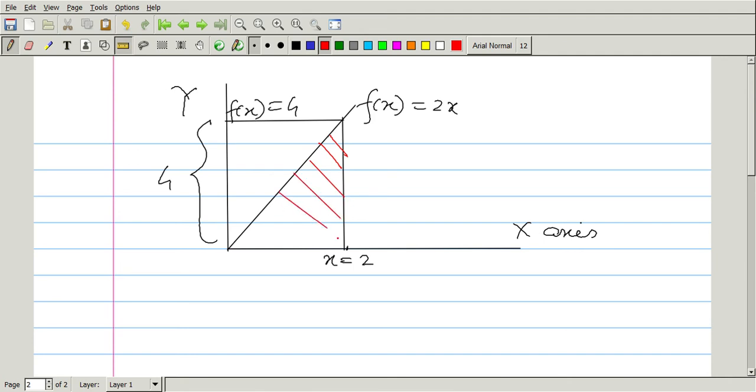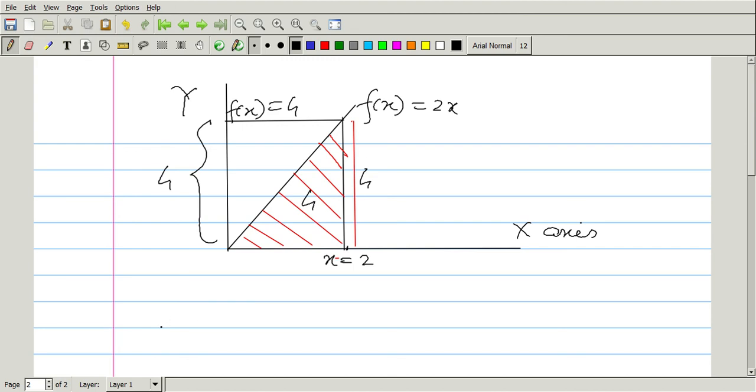The area of a right angle triangle, we already know, is half of the product of the perpendicular sides. So it will be half of 2 into 4. This height is 4, so half of base into height will be 4.